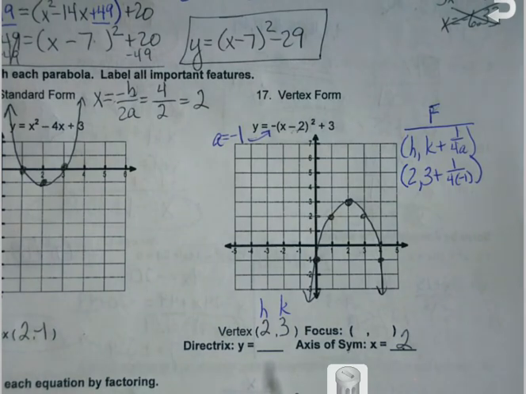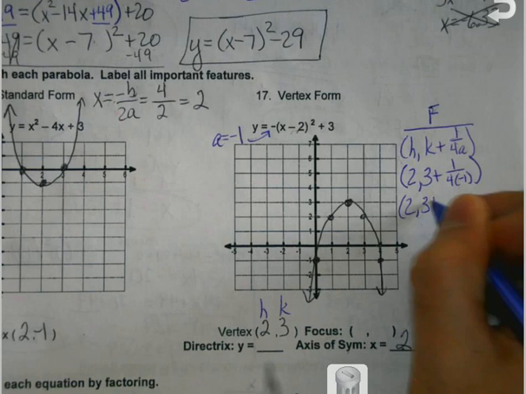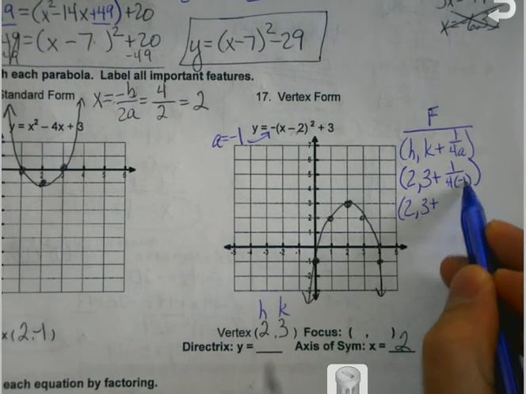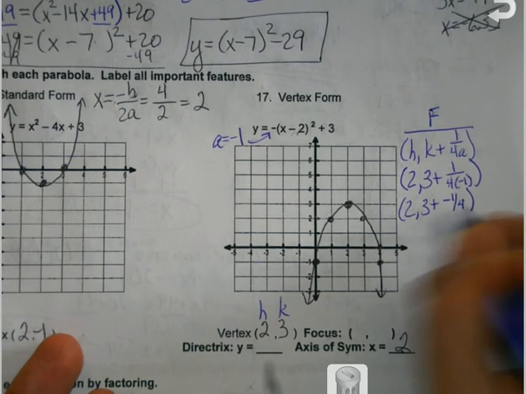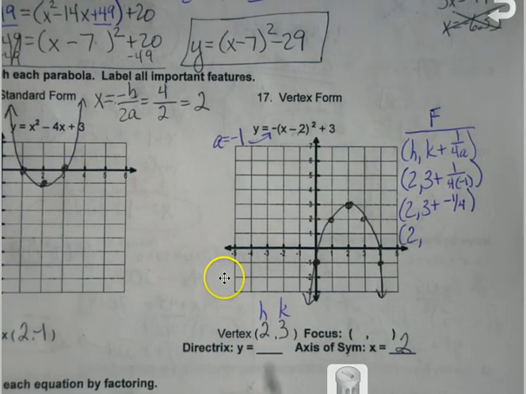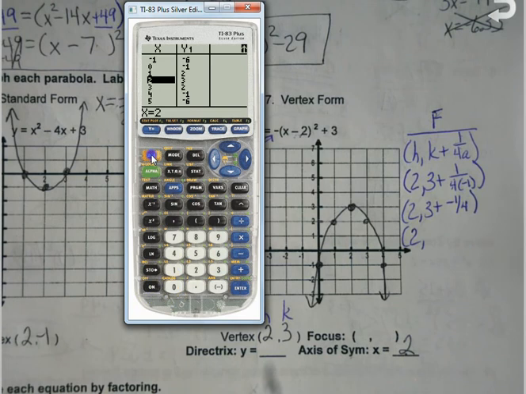Here's the only tricky part to this, because I can't quite just slam it into the calculator. 4 times negative 1 is negative 4. If you get to this point, now I can go to the calculator if I'm not comfortable dealing with the fraction.